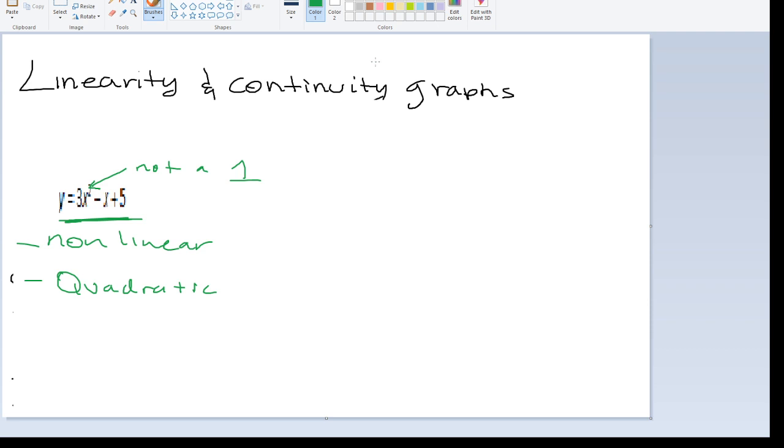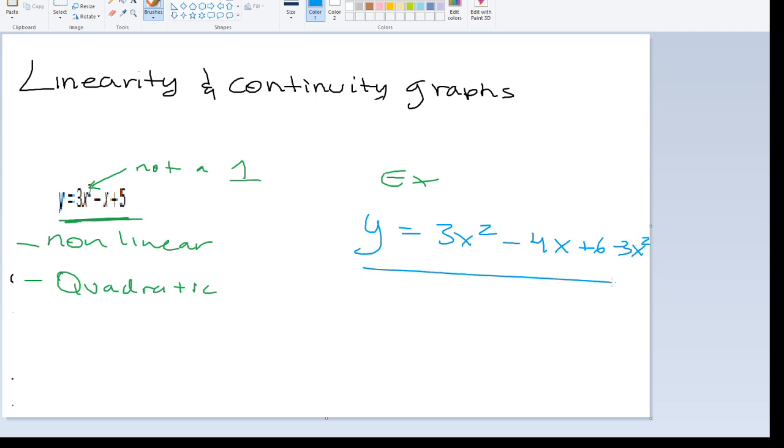There are equations where they may appear like they're non-linear, but in reality they are linear. So one example could be, and I'll just make one up really quick, y equals 3x squared minus 4x plus 6 minus 3x squared.